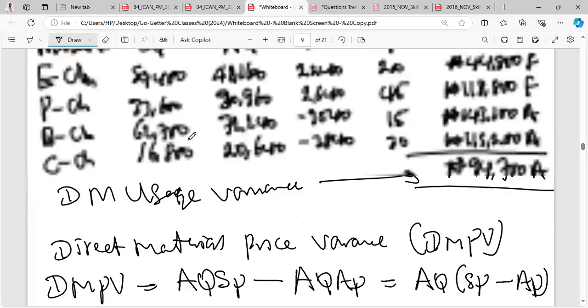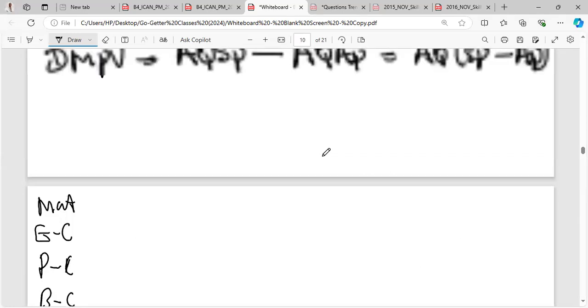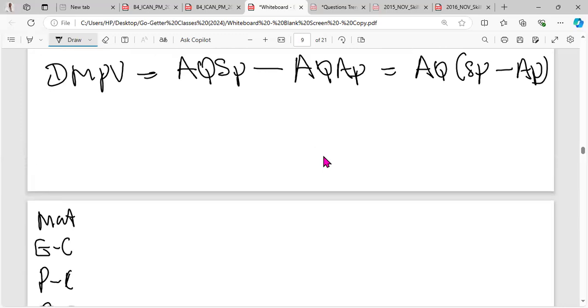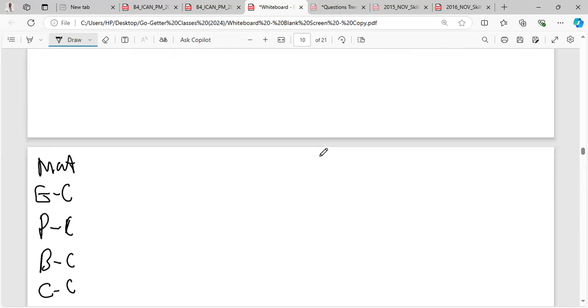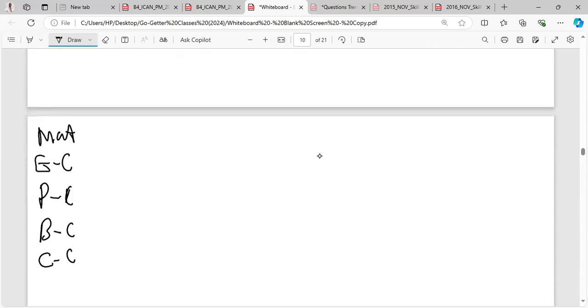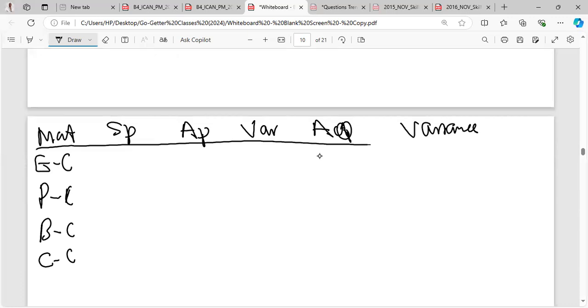Okay, since the quantities are the same, prices are different, we will now check standard price, actual price, now put variance, then actual quantity, then we'll put our variance again. So that's how we are going to do it.